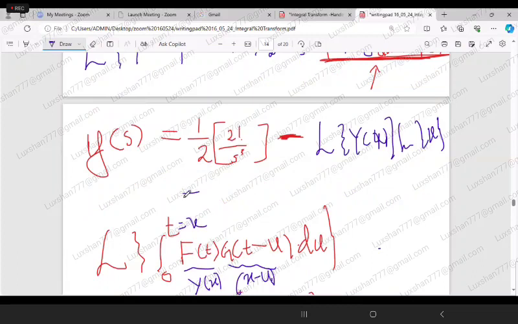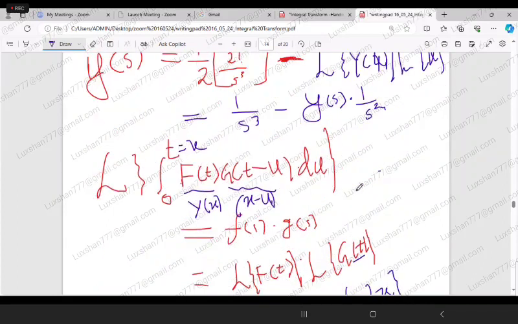So you can simplify: 1 over s cubed minus Y(s) into the Laplace transform of x, which is nothing but 1 over s squared. Okay, so the Laplace transform of t is 1 factorial over s squared.